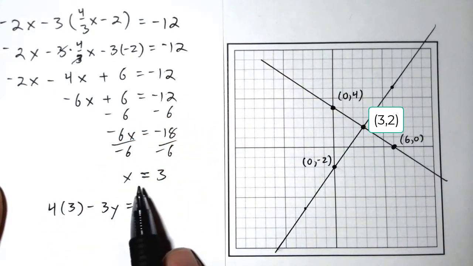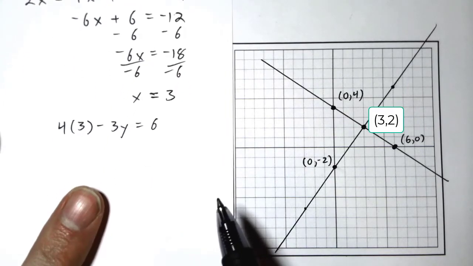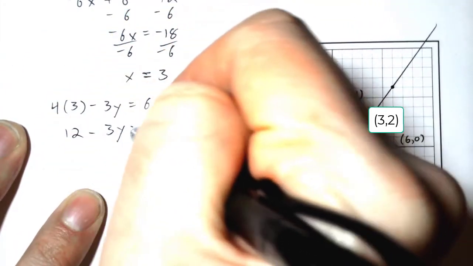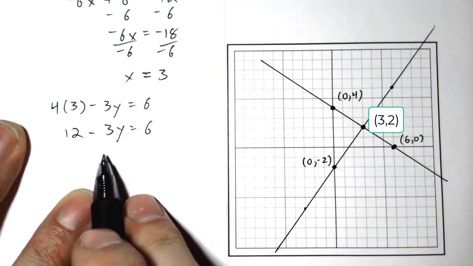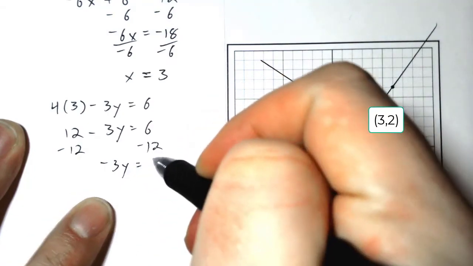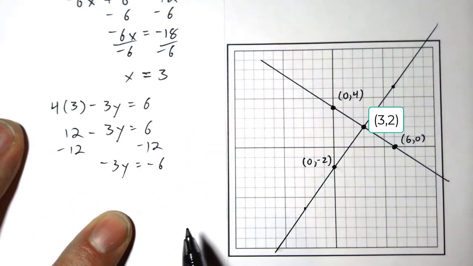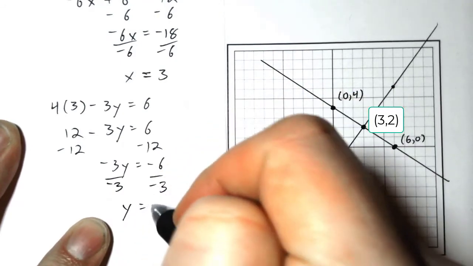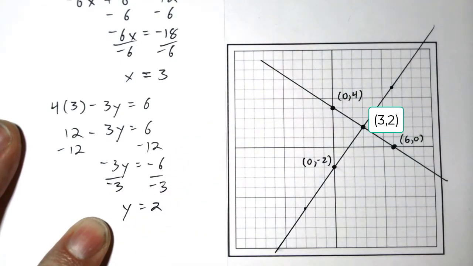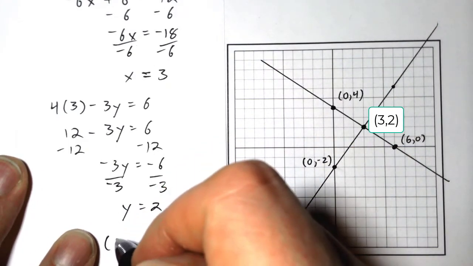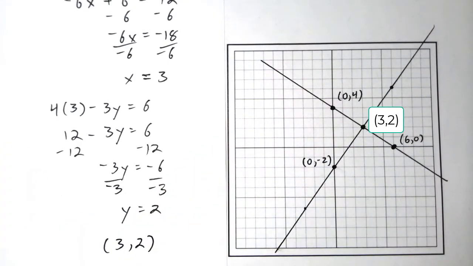I'm substituting this in for x. Let's simplify and see what we get. Let's subtract 12 from both sides. Let's divide both sides by negative 3. y equals 2. So I see that the solution is (3, 2).